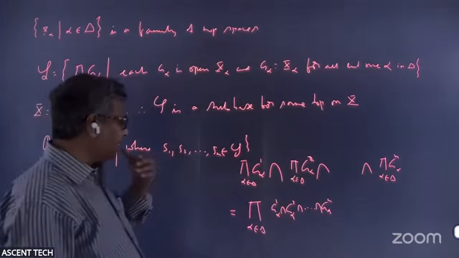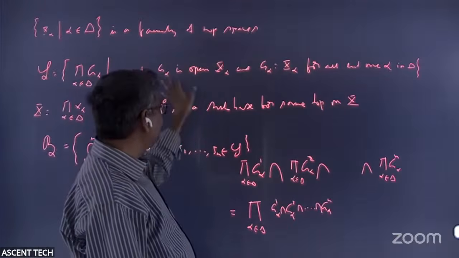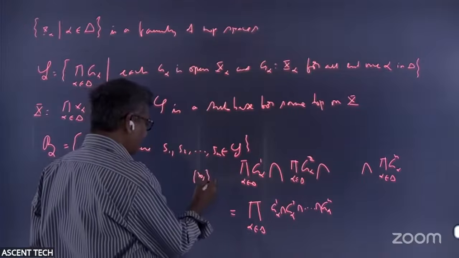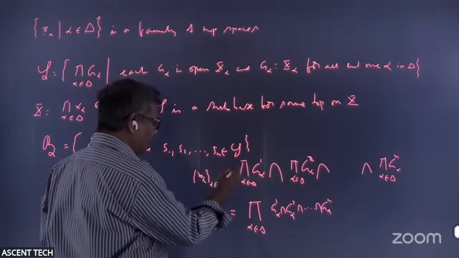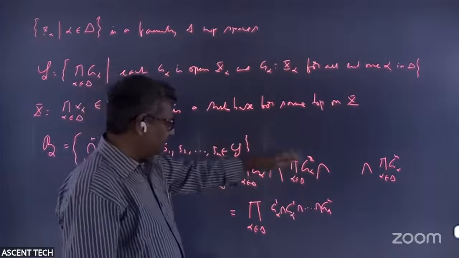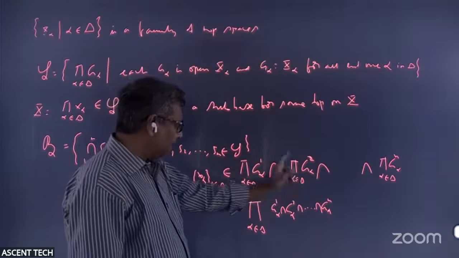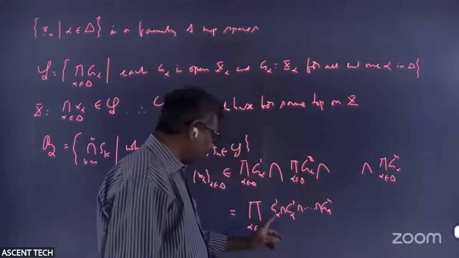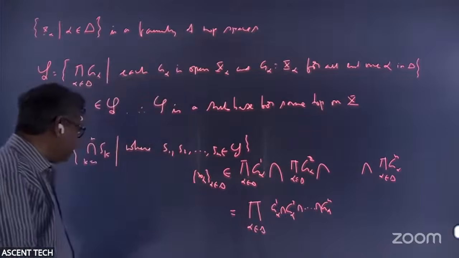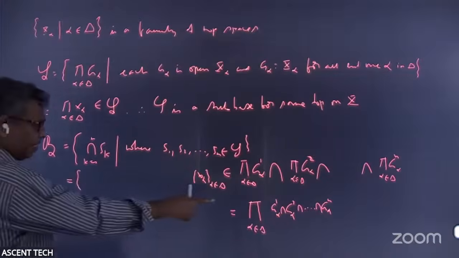If you want a point x alpha in delta to be in this intersection, the alpha coordinate must be in G alpha 1, in G alpha 2, etc., in G alpha n, and therefore the whole thing is in this. It's not a big thing.